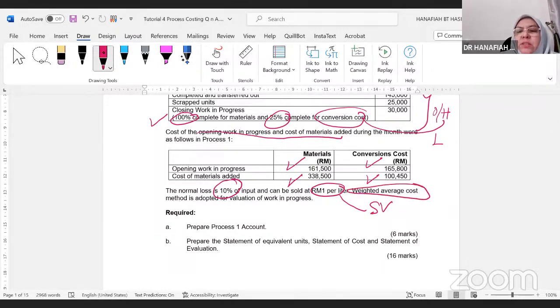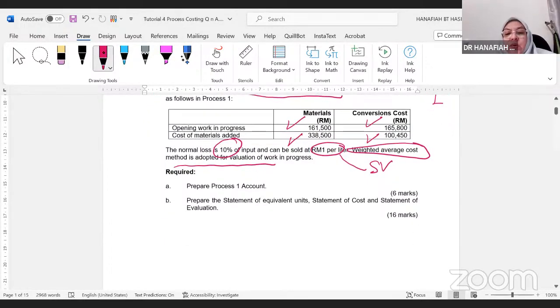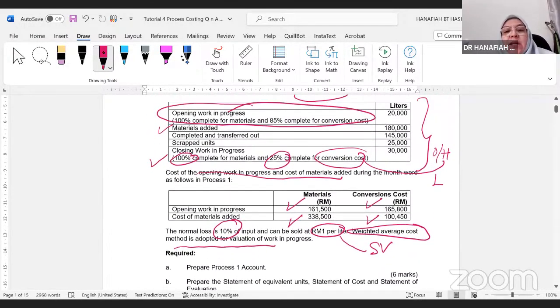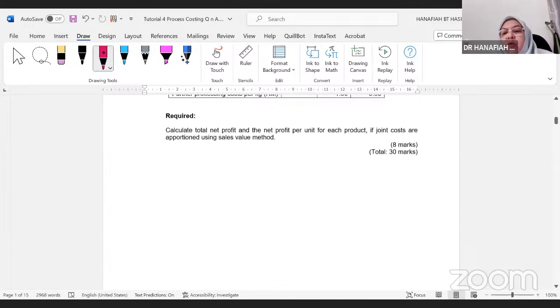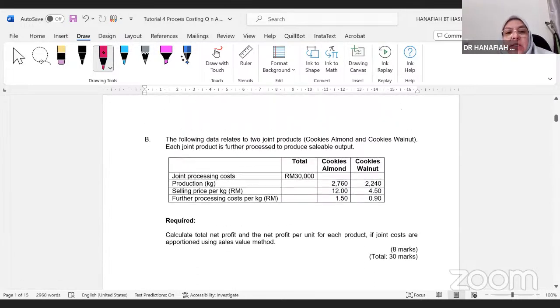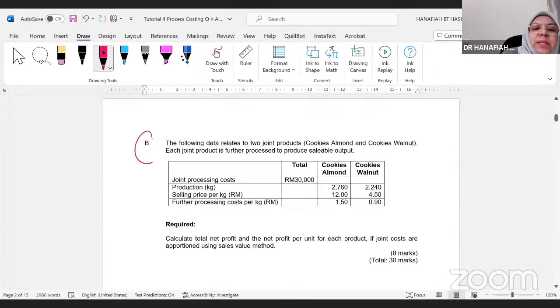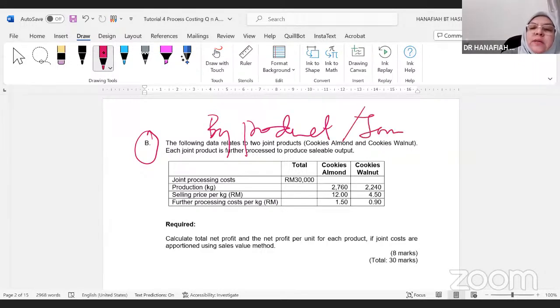And this question is quite helpful, where it mentions that the weighted average cost is the method adopted for the valuation of work in progress. So maybe you can try this question and I will give you the solution through Dr. Helena. And on part B, this is my by-product or joint product.